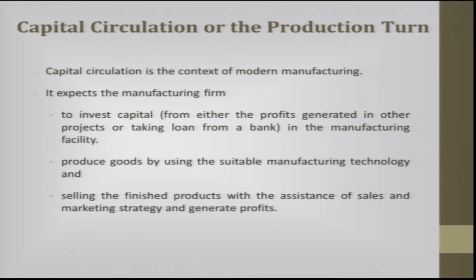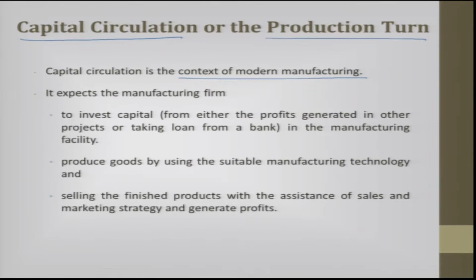Capital circulation or production turn, in the context of modern manufacturing, is to invest capital, from either the profits generated in other projects or by taking a loan from the bank, in the manufacturing facility.